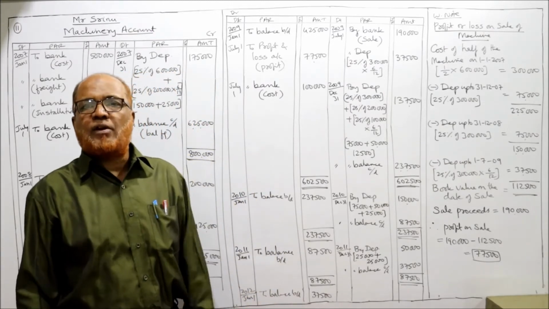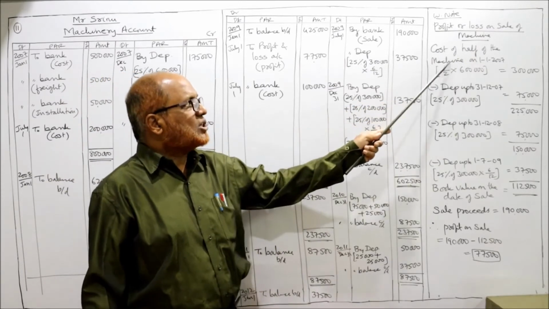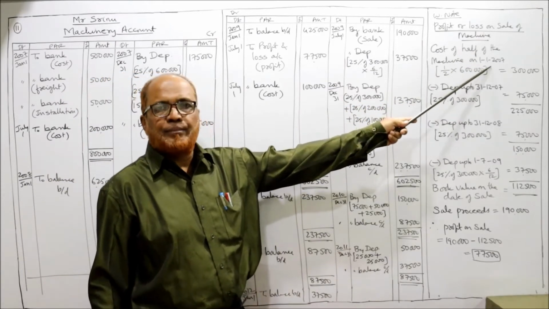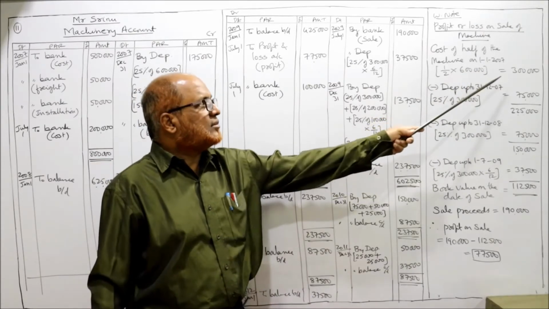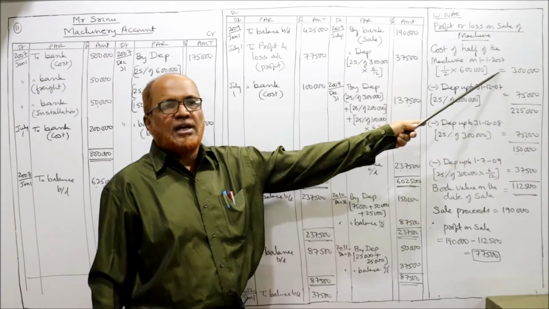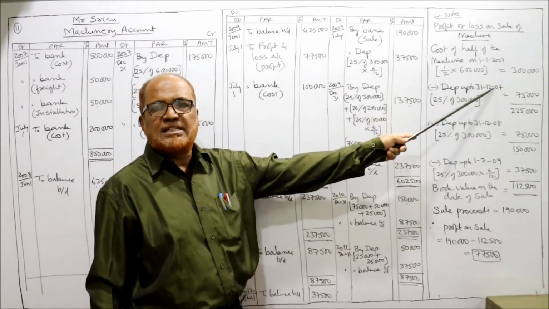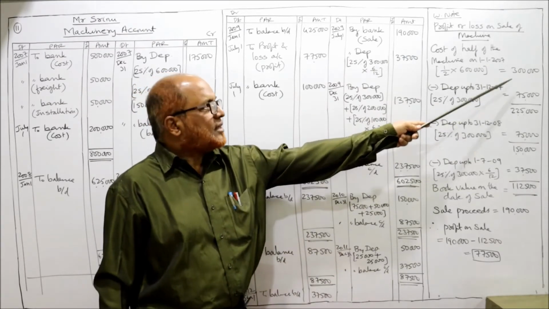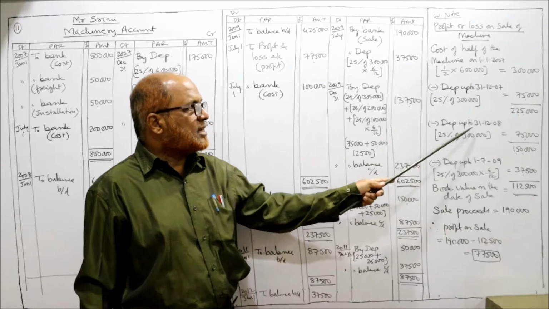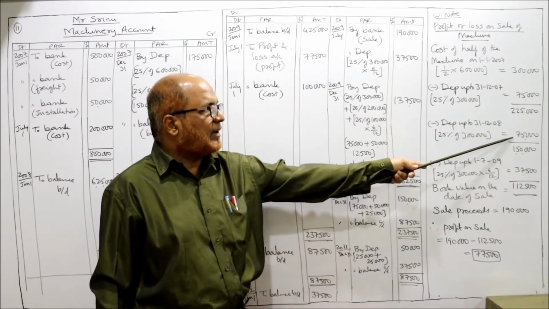Now we have to find out the profit or loss in the working note. Cost of the half of the machine on 1/1/2007 at the time of purchase: 6 lakh into half, 3 lakh rupees is the cost of the machine. Less depreciation up to 31st December 2007, first year, 25% of 3 lakh, 75,000. Subtract 75,000. Less depreciation up to 31st December 2008, 25% of 3 lakh, 75,000.